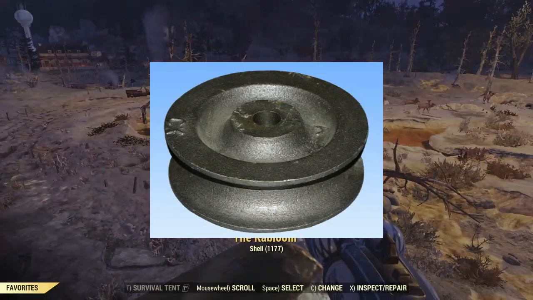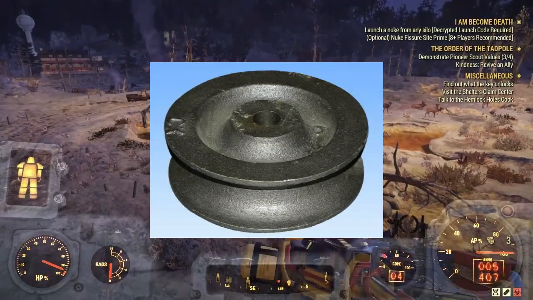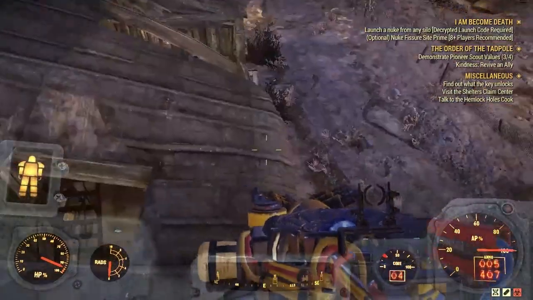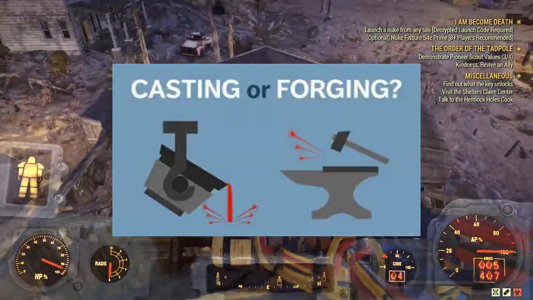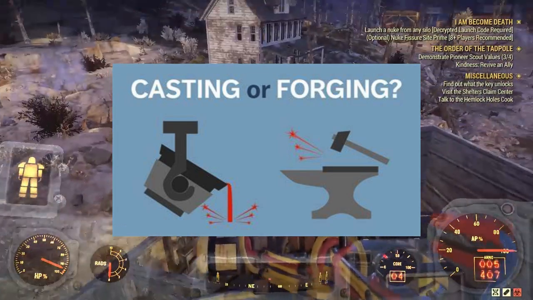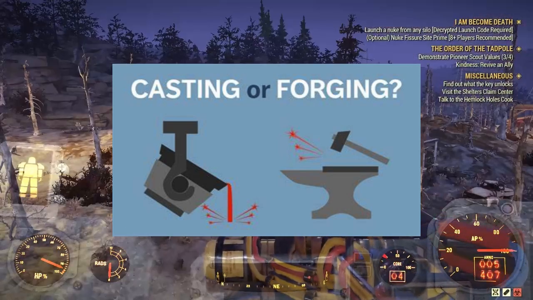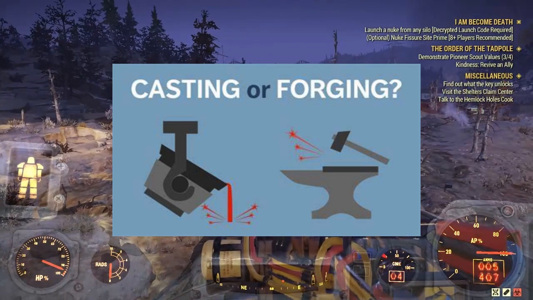Starting with iron. Iron is pretty basic. You can find it naturally. Forged iron is, to my understanding, where the component is poured into a mold.